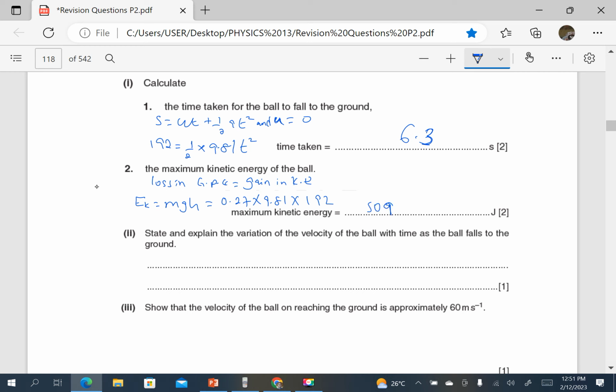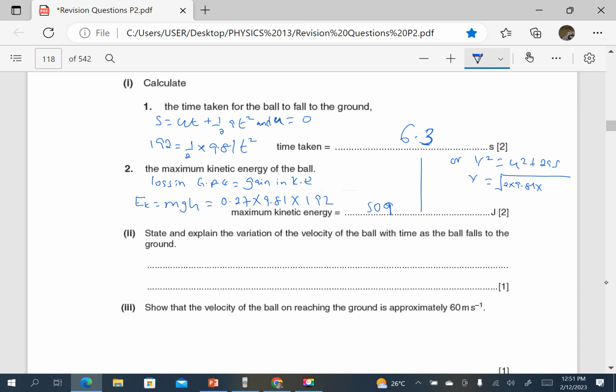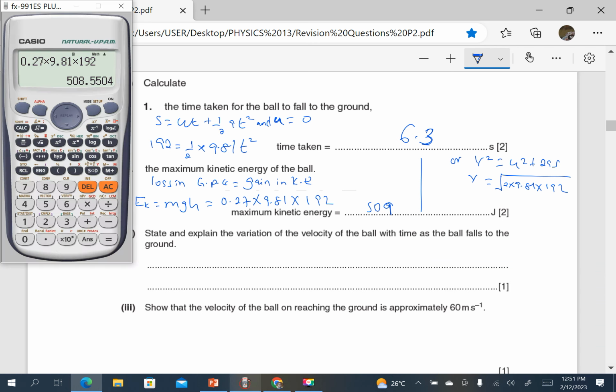By the way, you could also use equations of motion to find the speed with which it hits the ground, such as v squared equals u squared plus 2as. So v is going to be the square root of, u is 0, so 2 times 9.81 times s, which is 192.